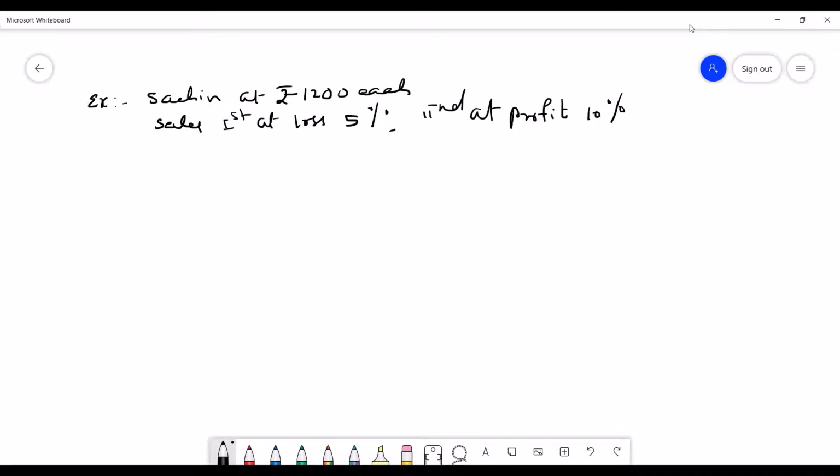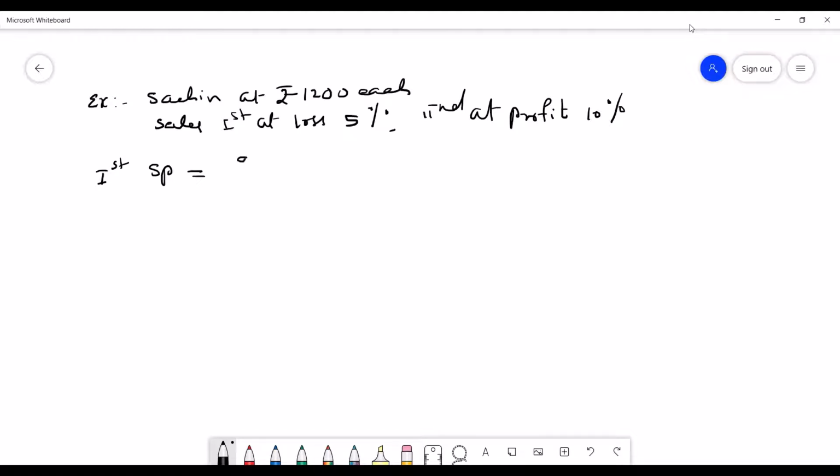Here we have to find out the total loss percentage, otherwise total profit percentage. If it is profit, then total profit. Otherwise, if it is loss, the total loss that is taking place there. Then for the first fan, we will find the selling price. Actually, the selling price is 5% loss.